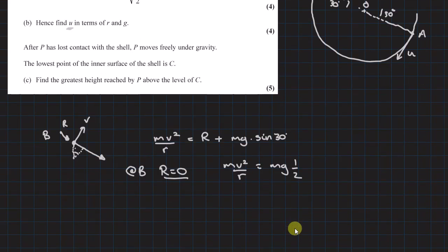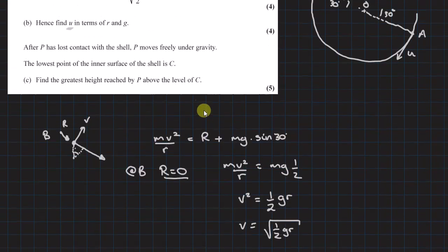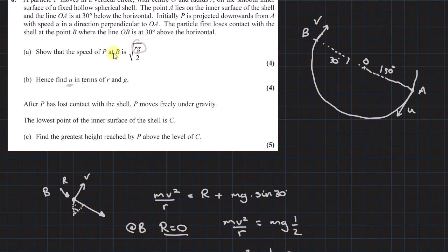Rearrange our equations and we get v squared equals 1/2 gr, and therefore we can square root both sides. And just getting that part isn't worth anything because we've been given it in this part of the question. It's given here because we need it in part B.